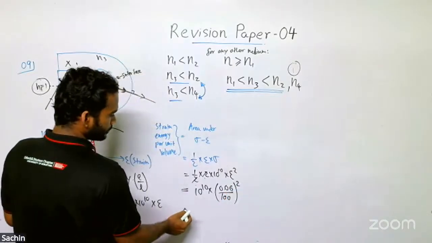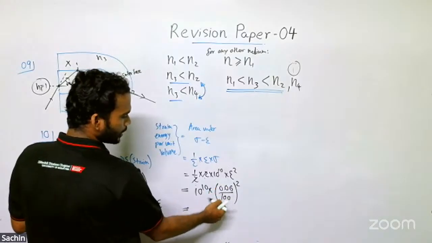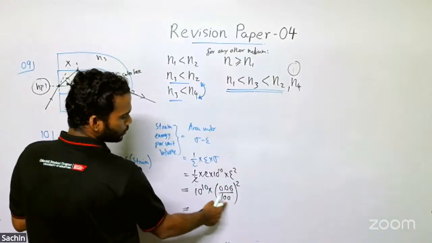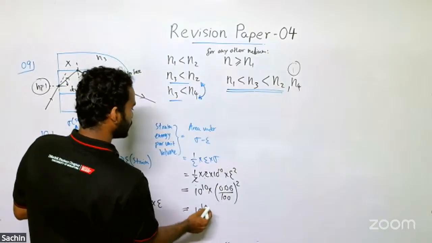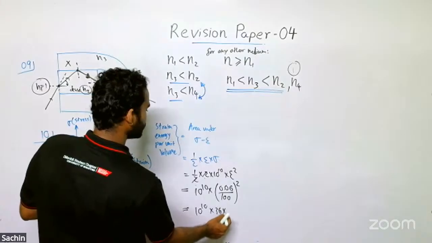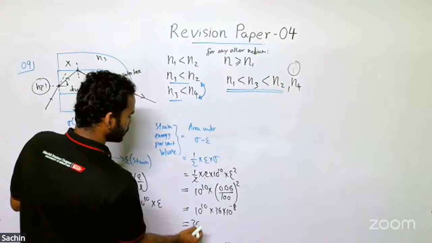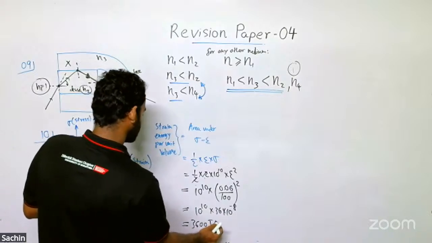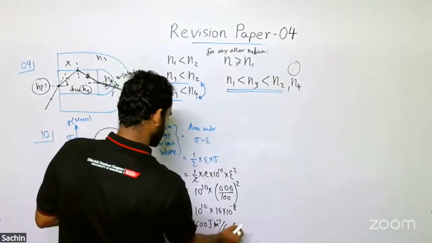When you take the square, it is 36 × 10^-8. So the answer is 3600 joules per meter cube. First answer.